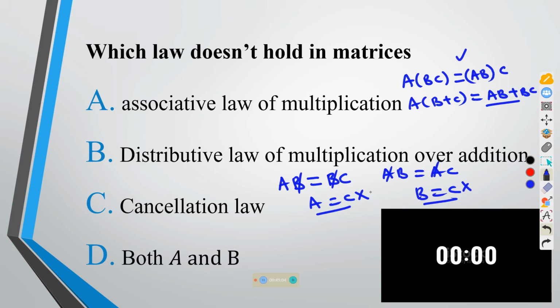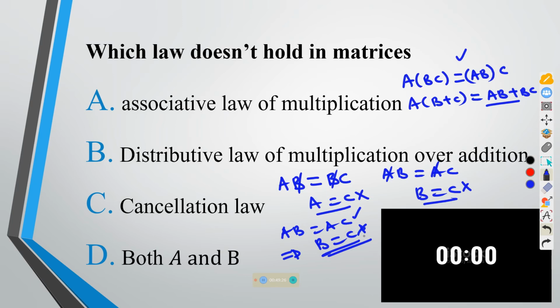AB equaling AC does not imply that B is equal to C.